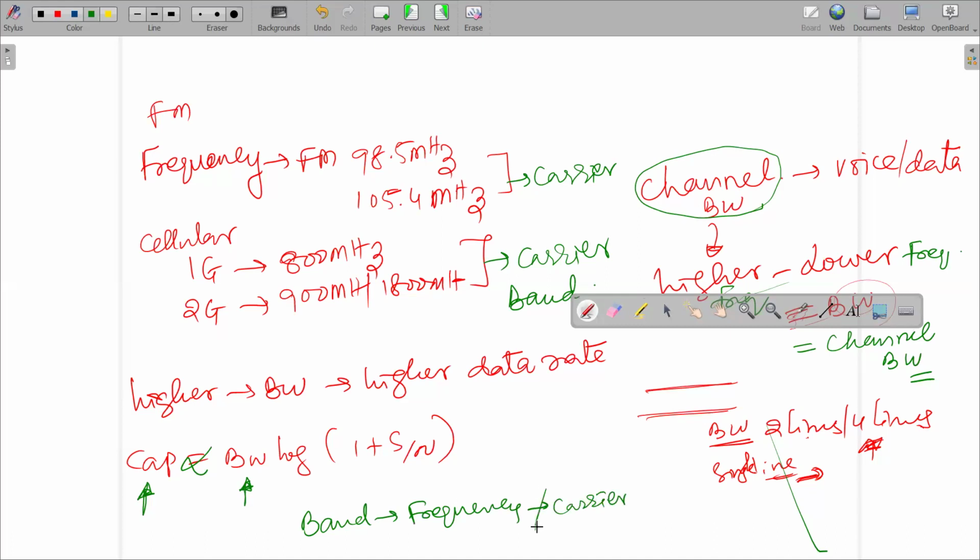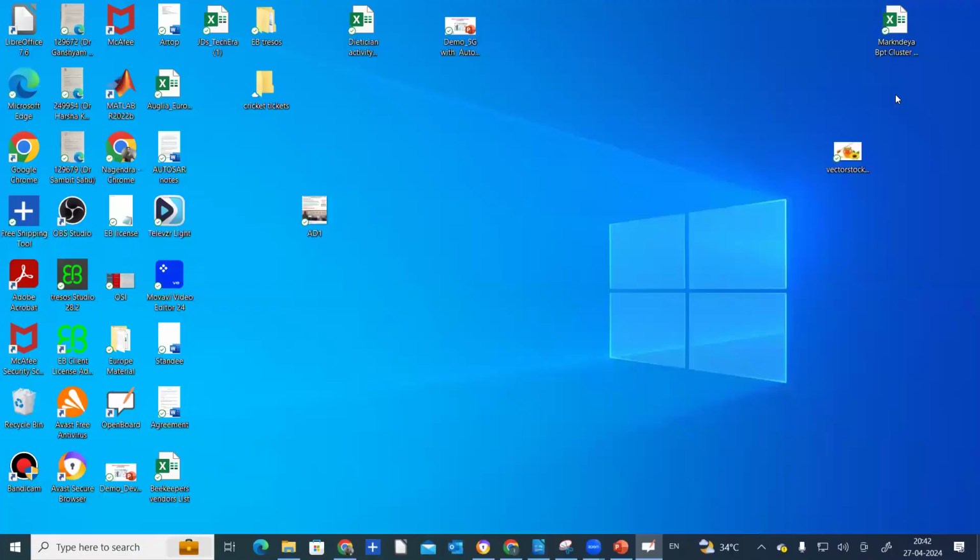Depending on the concept I am explaining, I may use band, I may use frequency, I may use carrier. Just keep it in mind. Any doubts?